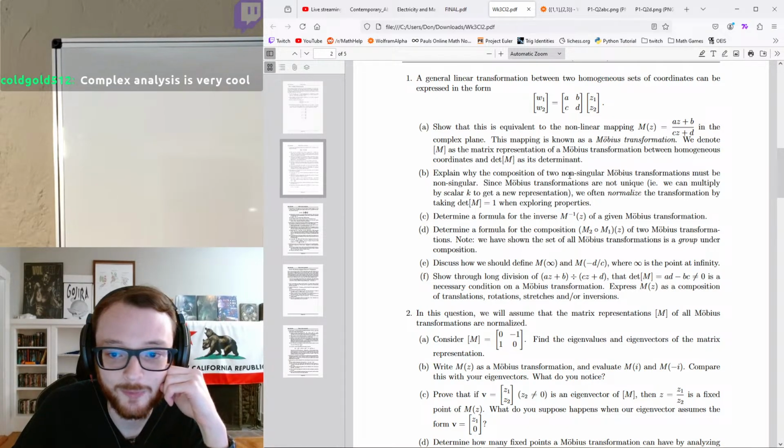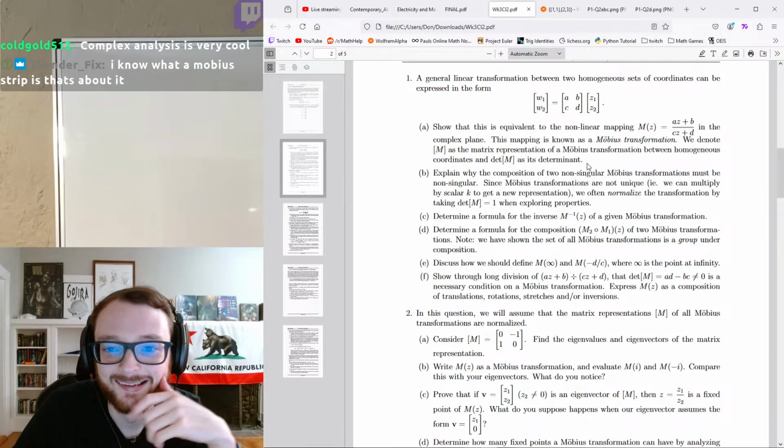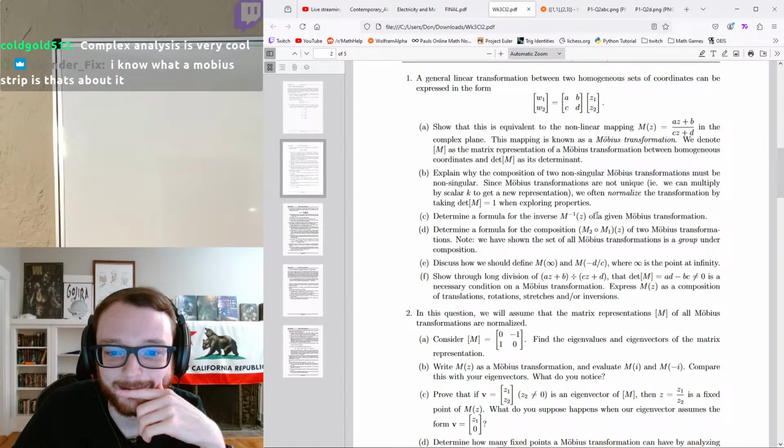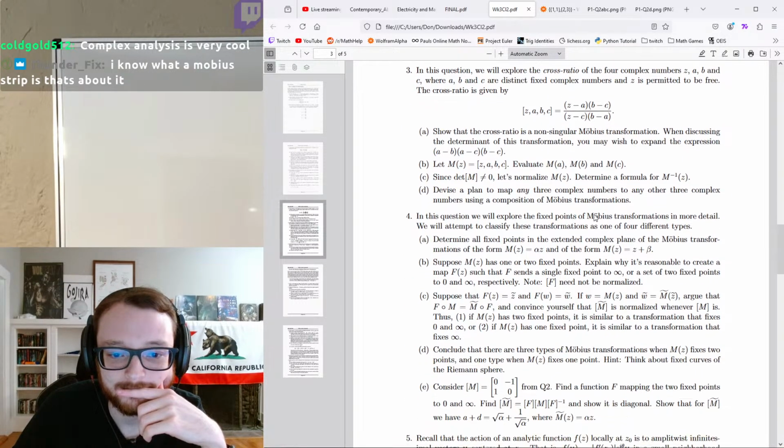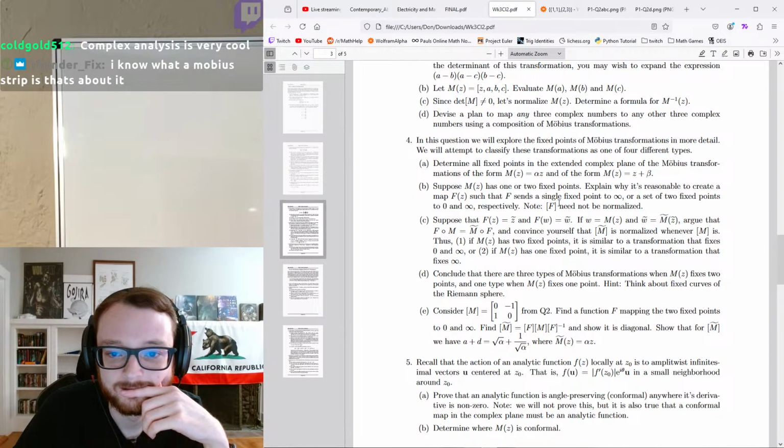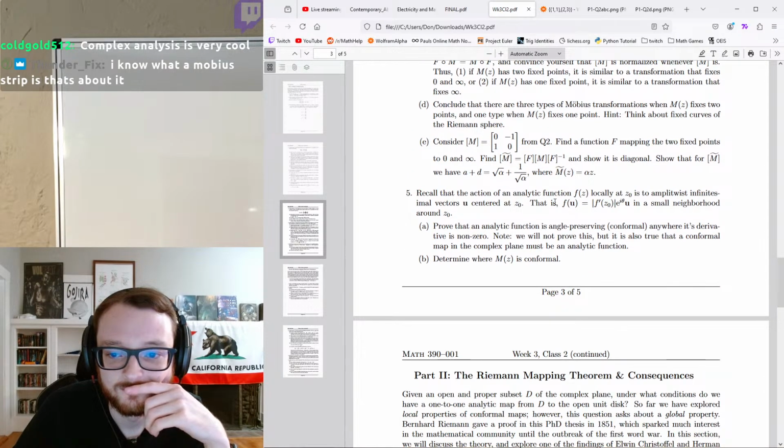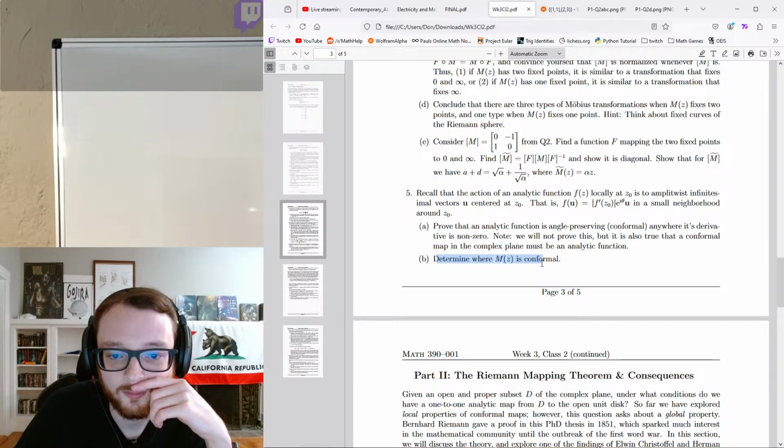You know what a Mobius strip is? That's about it. I don't know if it's related or not, but oh, this is probably the cool thing.